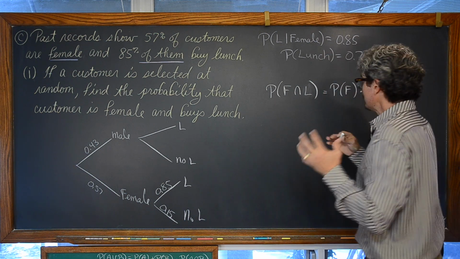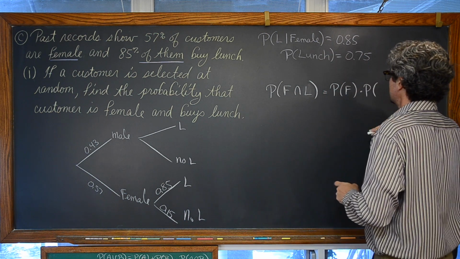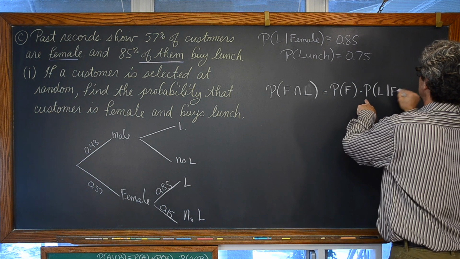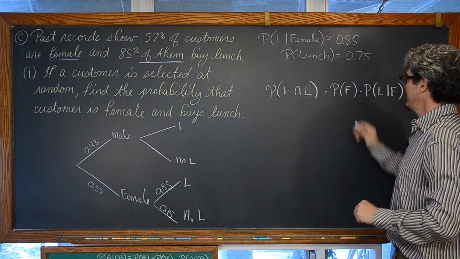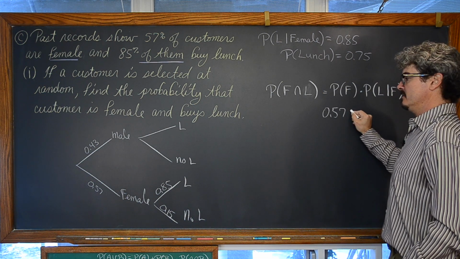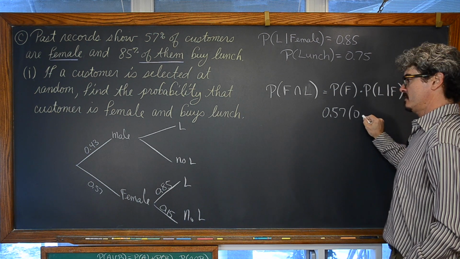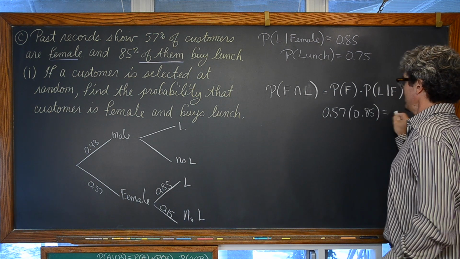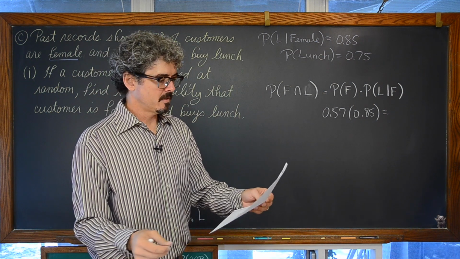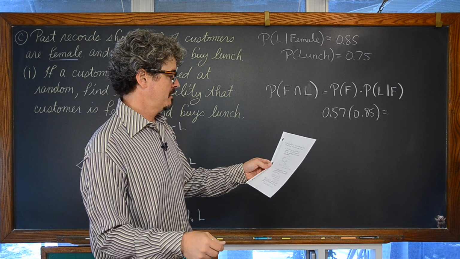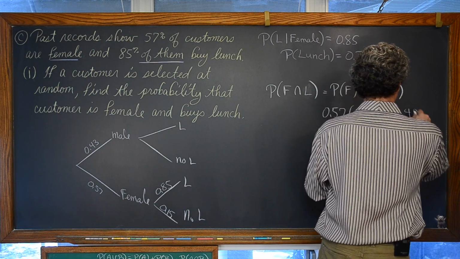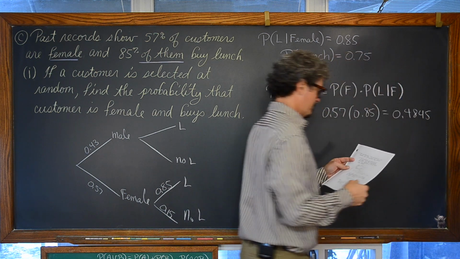In proper probability notation, it's the probability you're female, and then the probability that you buy lunch given that you're female. So that's going to be 0.57 times 0.85, and that comes out to be, not right off the top of my head, 0.4845.